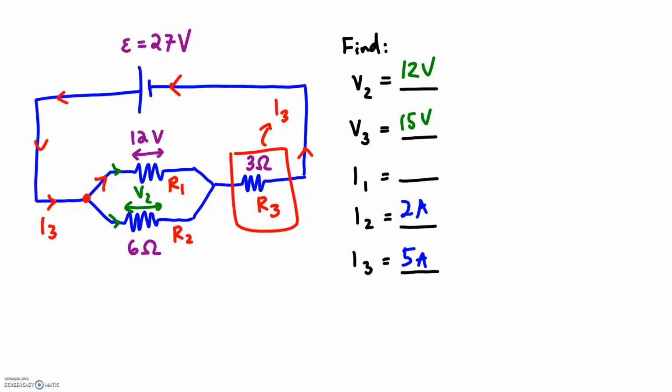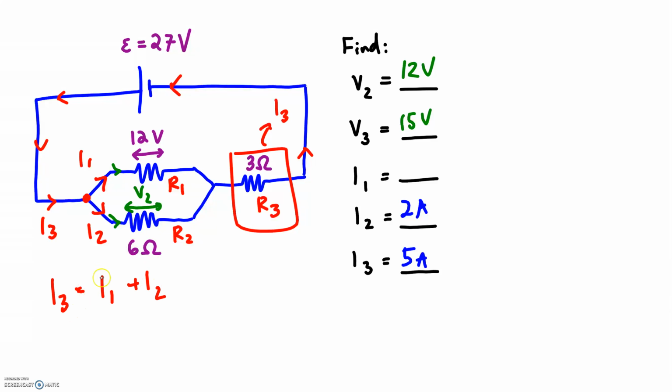Up here, some of the current I3 splits up and travels along the top path. I'll call that I1. The rest of the current travels down along the bottom path, which I'll call I2. So we see that the total current going into the junction, I3, splits up. Some of it goes the top path and the rest goes the bottom.